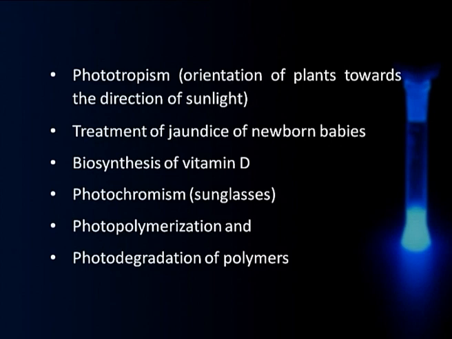So you can see that photochemistry is a very broad area, and it touches various aspects of our day to day life. With this brief introduction to the domain of photochemistry, let us move further and, as I mentioned earlier, try to differentiate between two kinds of reactions.